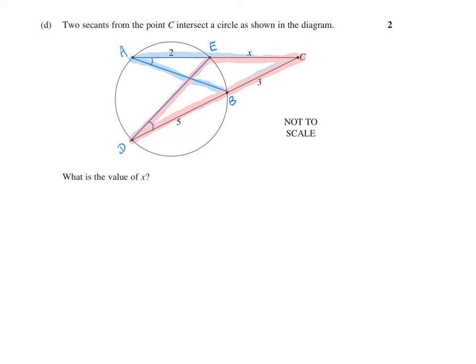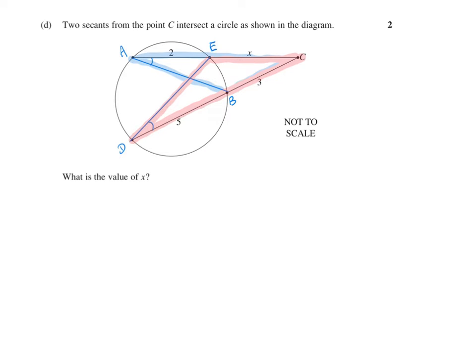Why are they similar? Because angle C is the common angle of these 2 triangles, one in blue, one in red. We also know that this angle A should be equal to this angle D because they are angles from the same arc, angles in the same segment.